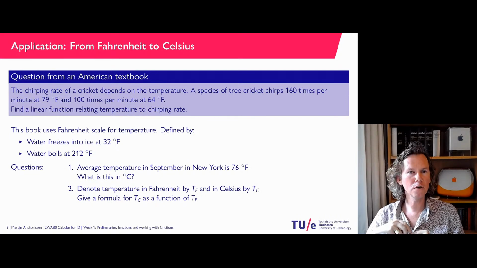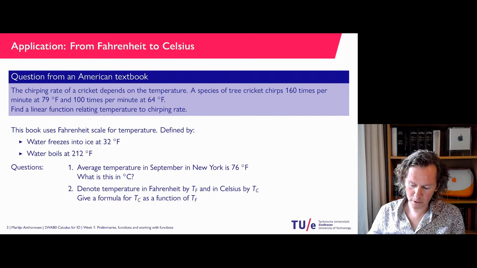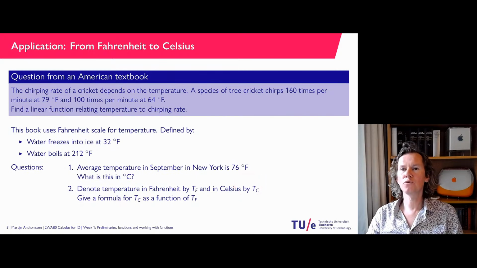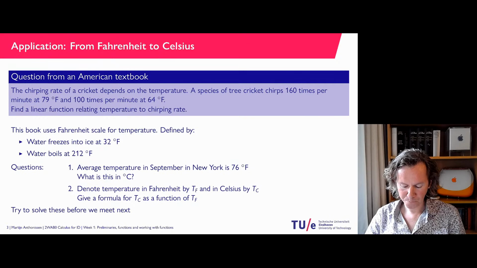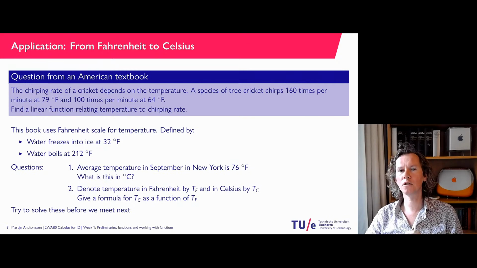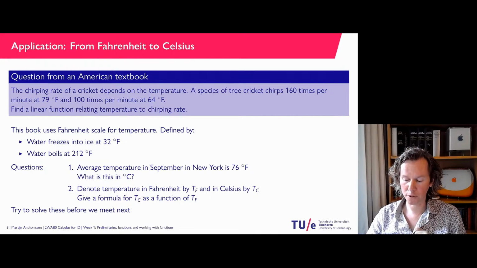So if you denote a temperature in Fahrenheit by TF, so capital T with subscript F, in Celsius by TC, can you then give a relation in general between TC and TF? So I'm not going to do that now, but I will look at this again on Wednesday. So try to think about this before we meet again virtually on Wednesday.